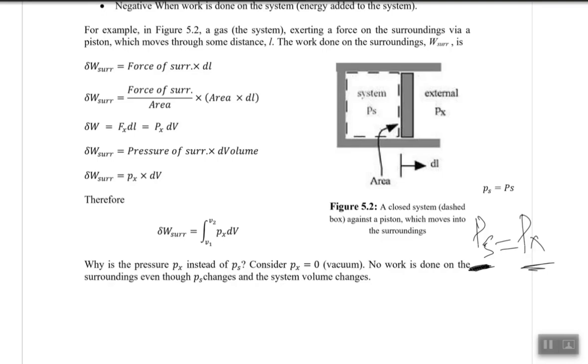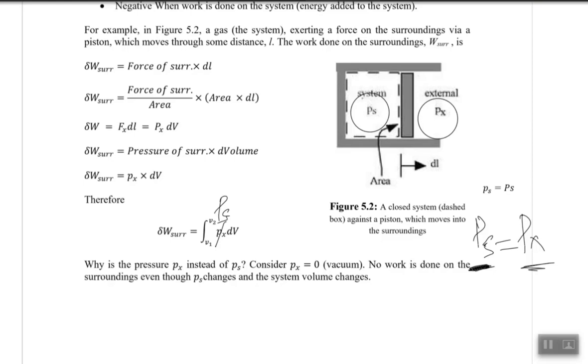In other words, the same amount of pressure change in the system is the same amount of pressure change that would be expected in the surroundings. Then in that case, I would be replacing this with the work done by the system on the surroundings.